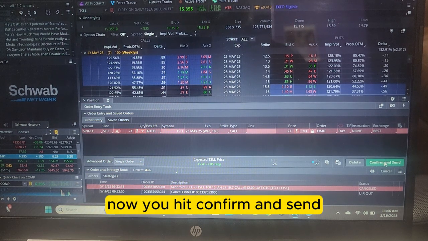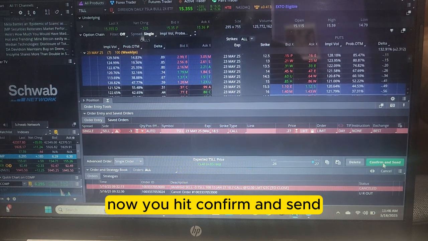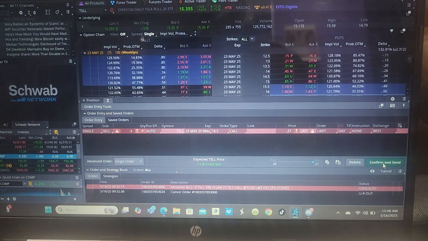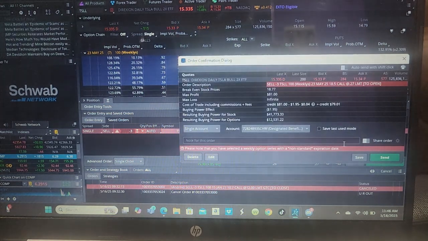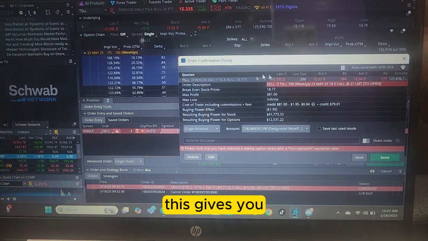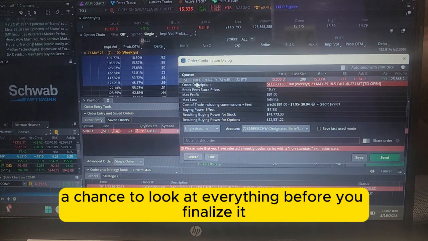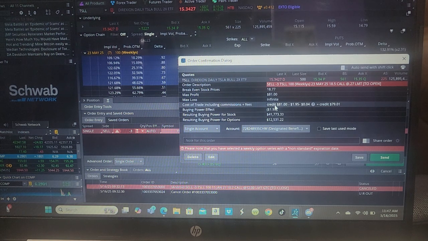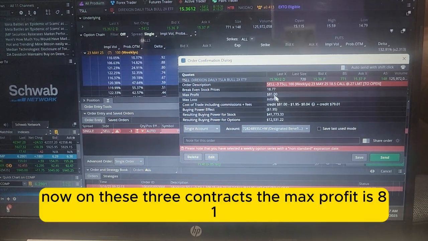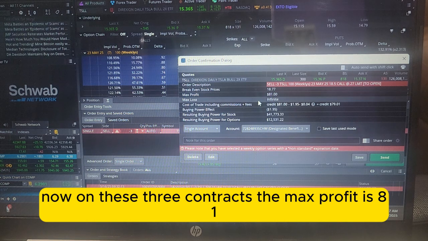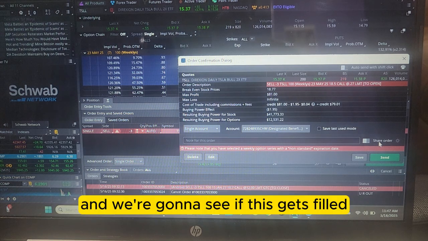Now, you hit confirm and send. This gives you a chance to look at everything before you finalize it. Now on these 3 contracts, the max profit is 81. And we're going to see if this gets filled.